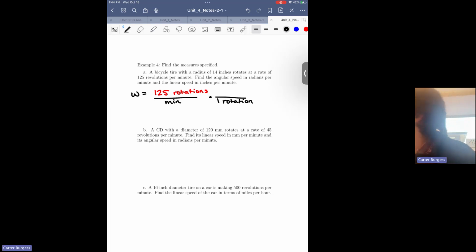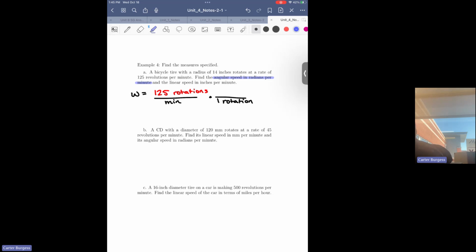In fact, it'll be easiest if we just think about what's going on per a single rotation. And then, what am I looking for in my angular speed? What am I looking for in my numerator here? What units do I want? Radians. How many radians do I have per one rotation?